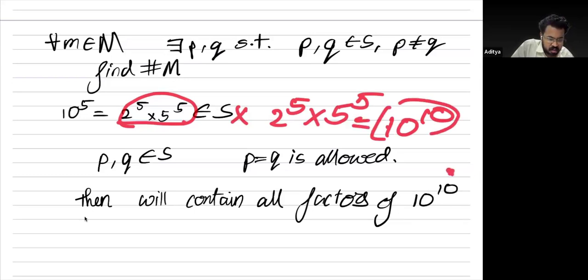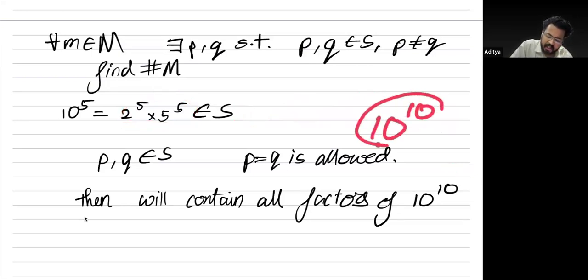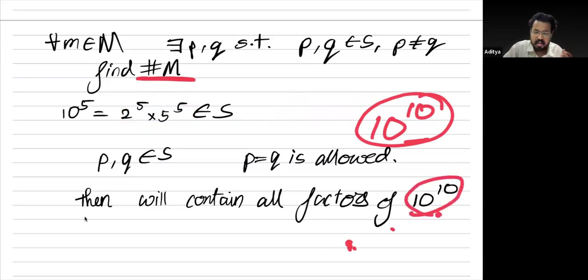And however many factors 10 to the power 10 has, that many elements will be in M. But there are certain situations where to get a few factors of 10 to the power 10, you require multiplication by the same number only.